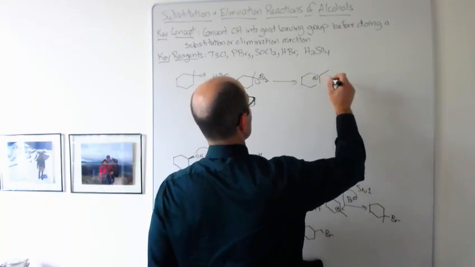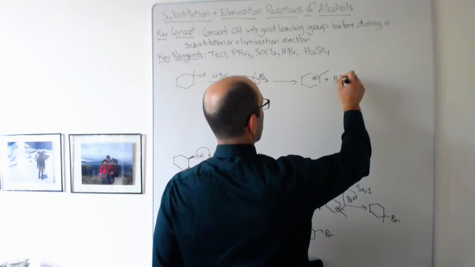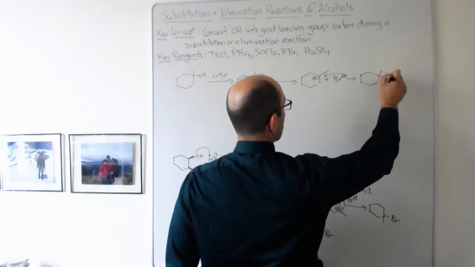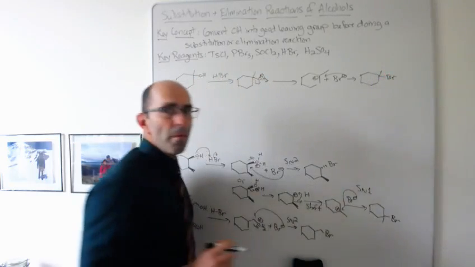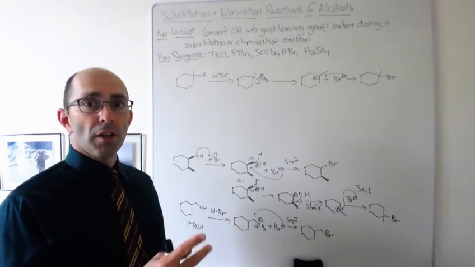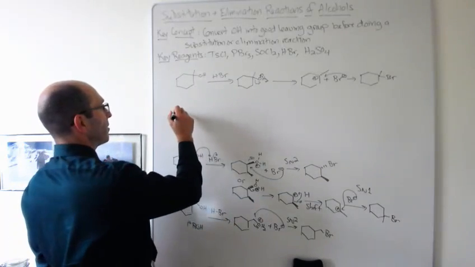Again, forming the tertiary carbocation. Now Br- can add. Okay, so just remember with HBr, we have to be very careful about what kind of alcohol we have to tell us what kind of mechanism is going to take place.